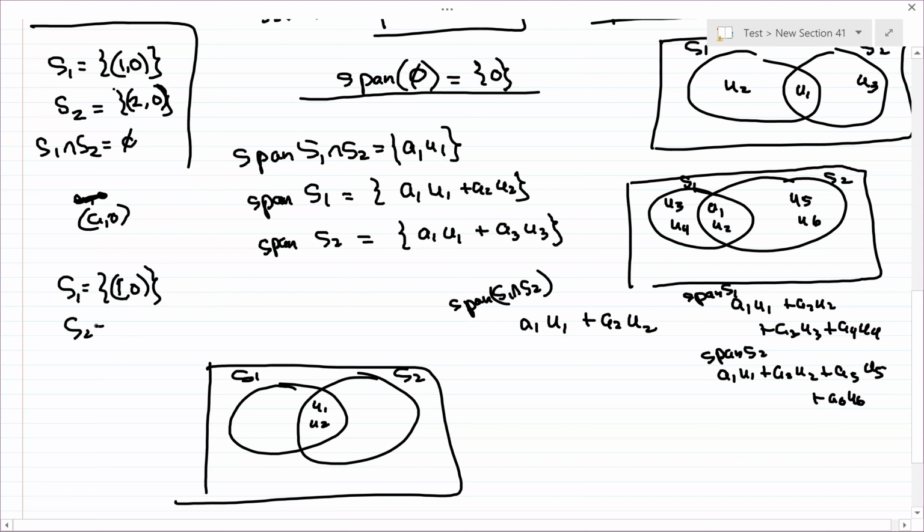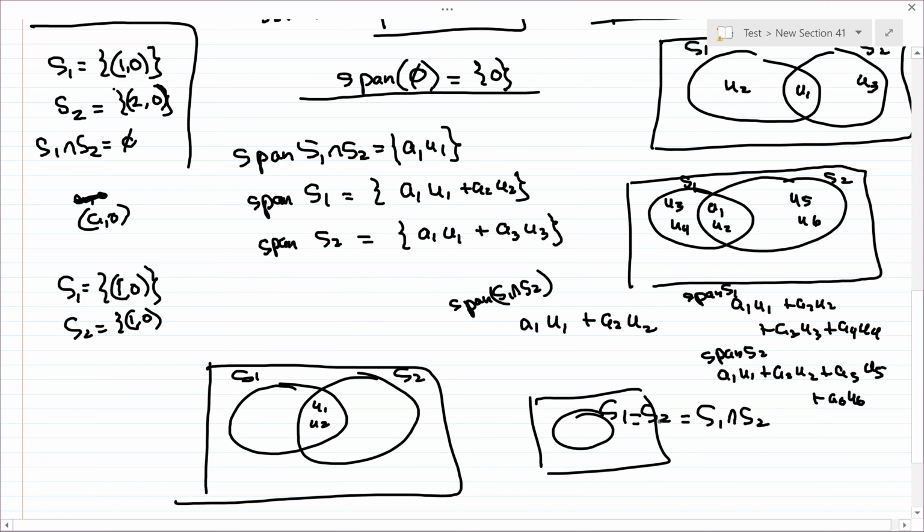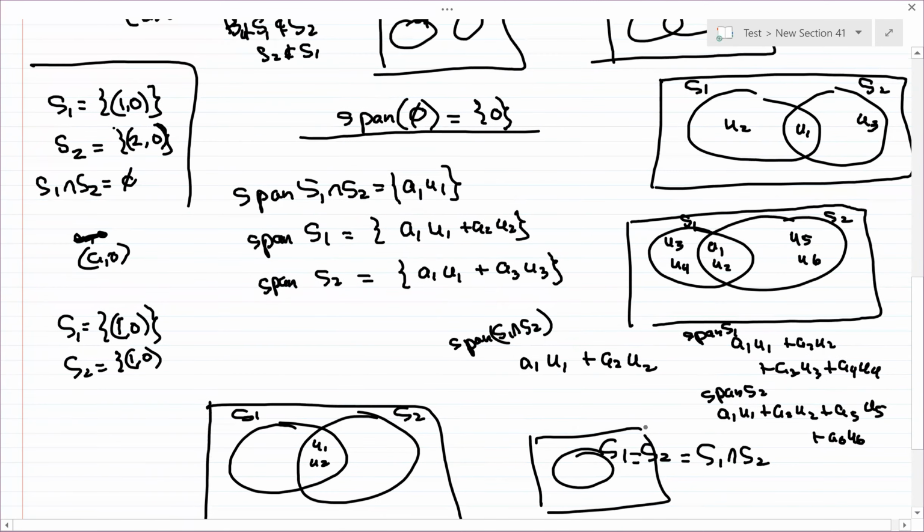And suppose S2 had 1, 0 in it. So that's S1 and that's S2. Okay, the intersection is also the same. So since all the sets in their intersection are the same, the spans of each of them will be the same. And you're just going to get equality. So that would be the second part of the question.